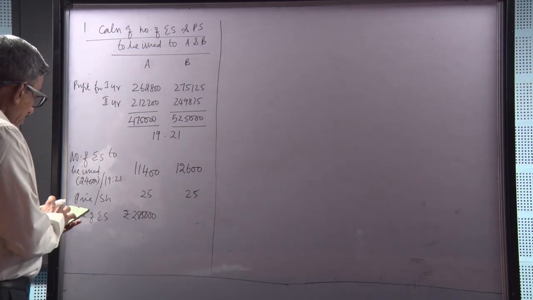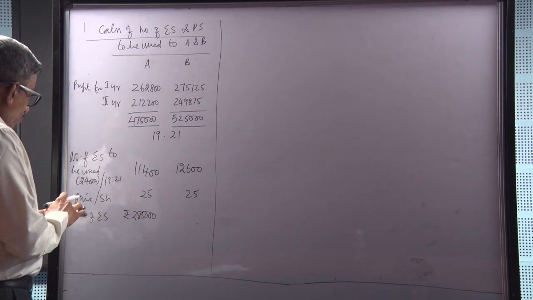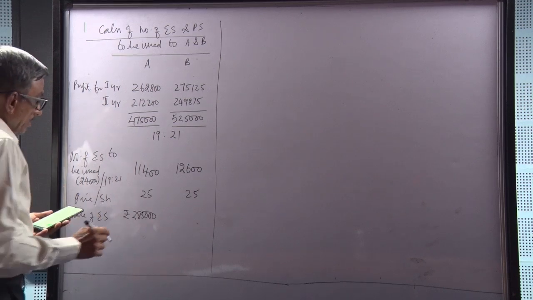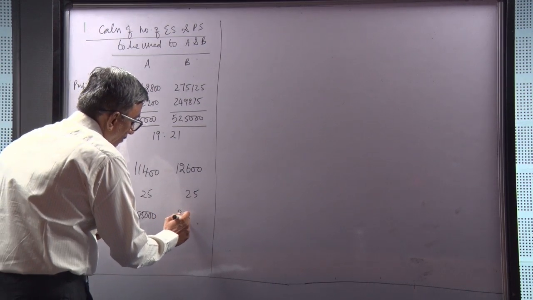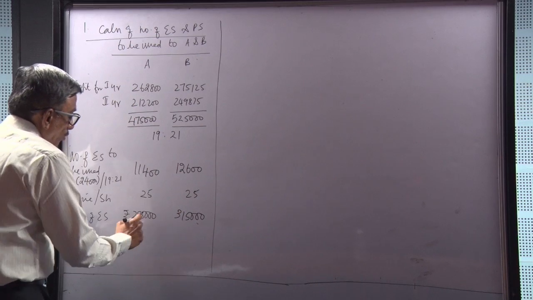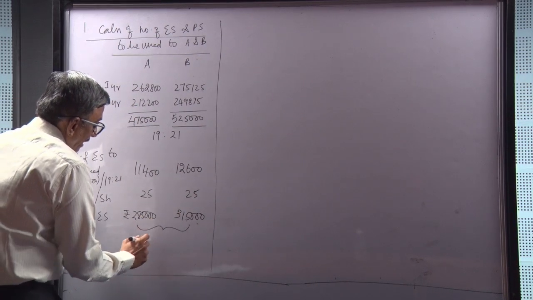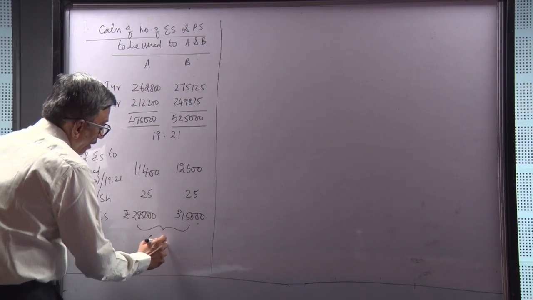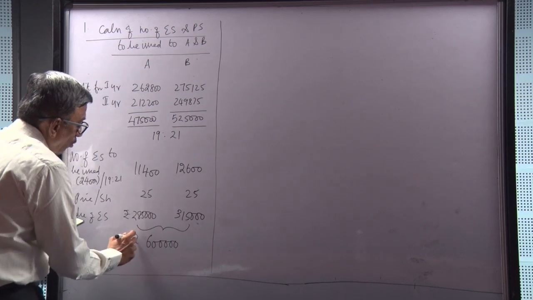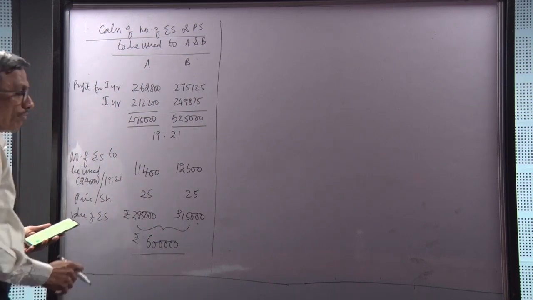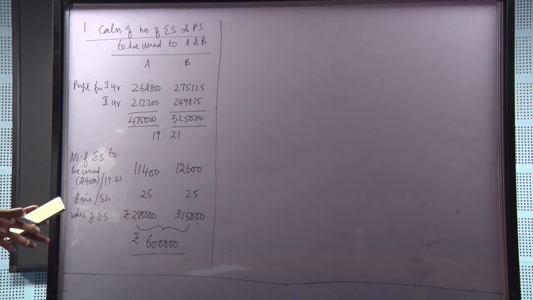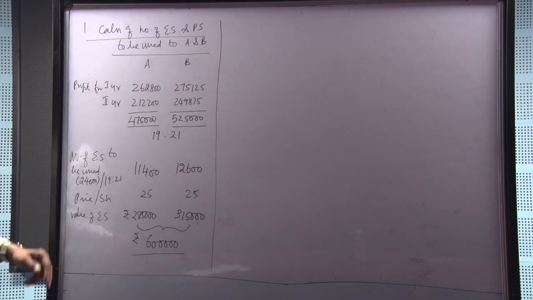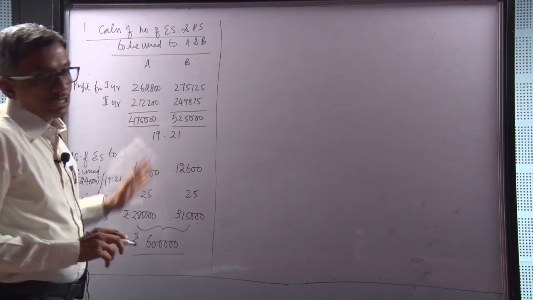For B, 12,600 into 25, that is 3,15,000. So in total, 6 lakh worth of equity shares will be given to the shareholders of A and B. In other words, the total share capital of A Limited in equity shares will be 6 lakhs, 24,000 shares of 25 each. So equity shares to be issued is now calculated.